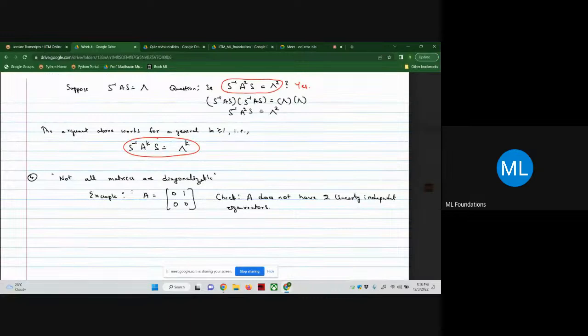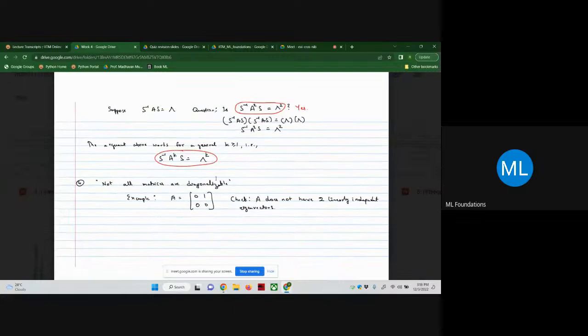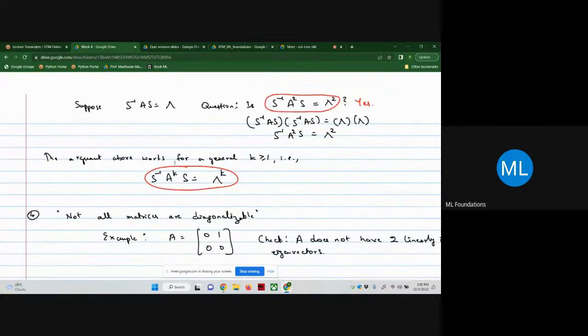Not all matrices are diagonalizable. If a matrix does not have linearly independent eigenvectors, then obviously it is not going to be diagonalizable. Clear? And then this is the other part. It is not entirely required, but you can note it down.